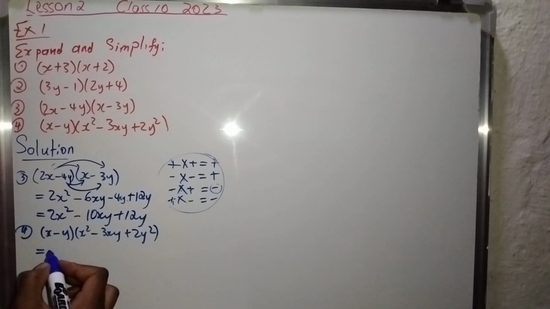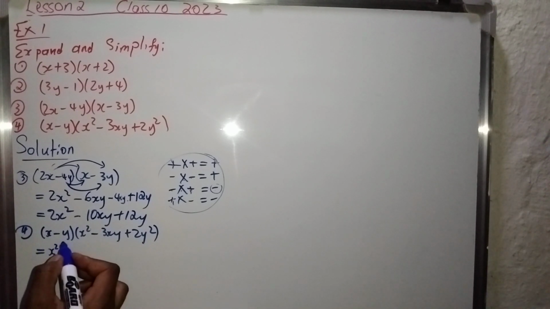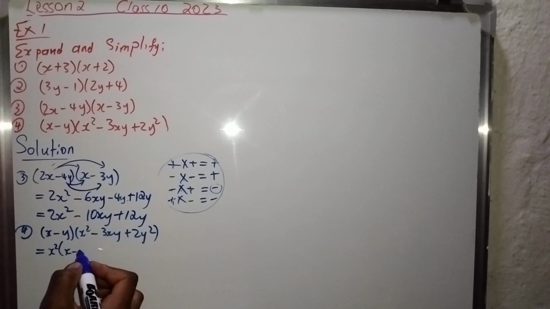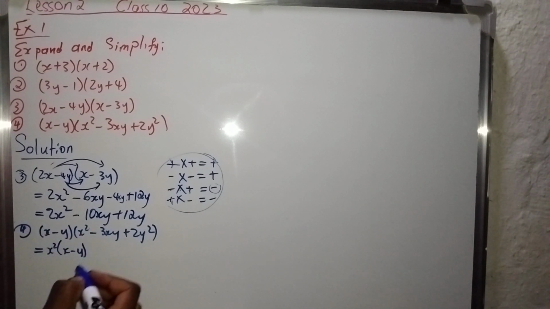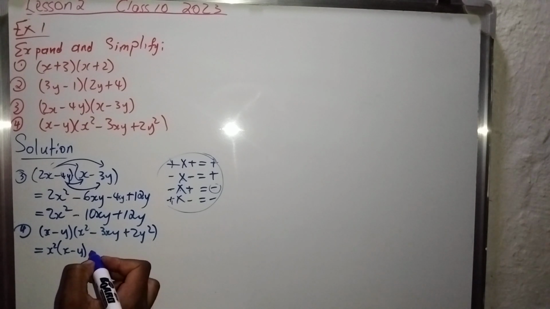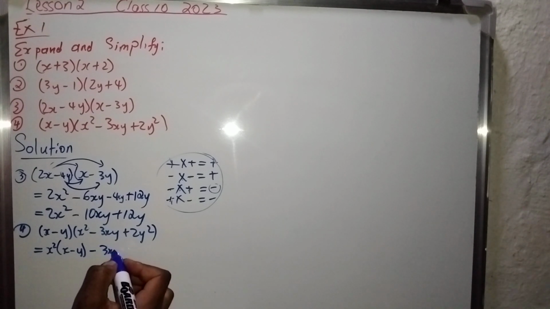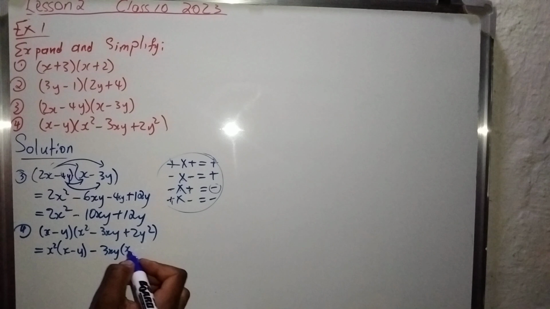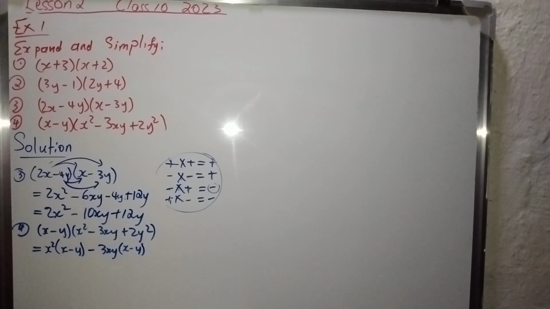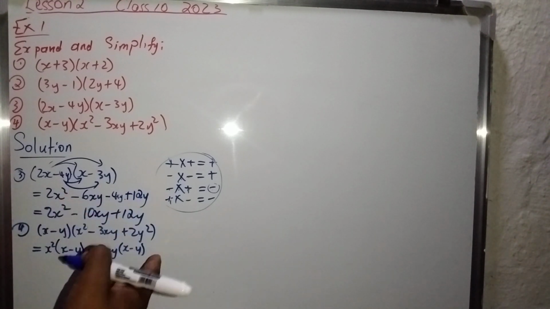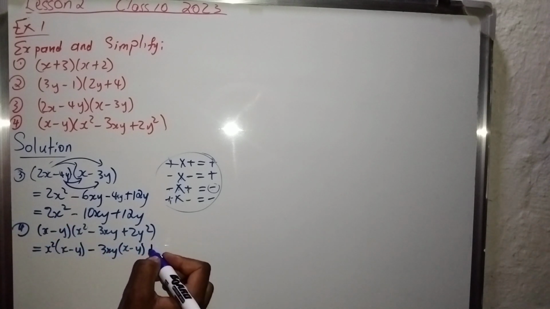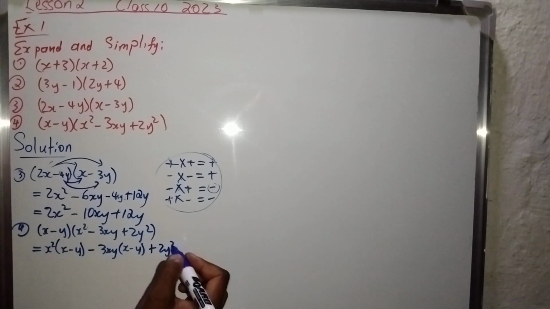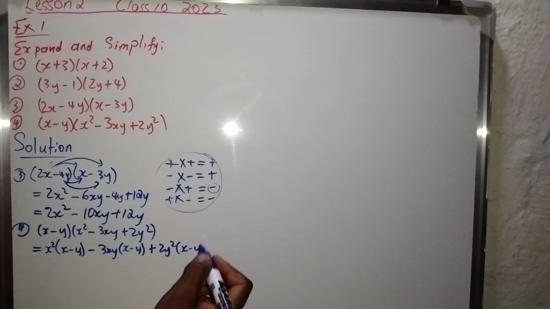So that means it's going to be x squared into x minus y, and then we take this one, we also multiply the same brackets, which is going to be minus 3xy into x minus y. And then again we go over to the last term and do the same. So it's going to be plus 2y squared into x minus y.